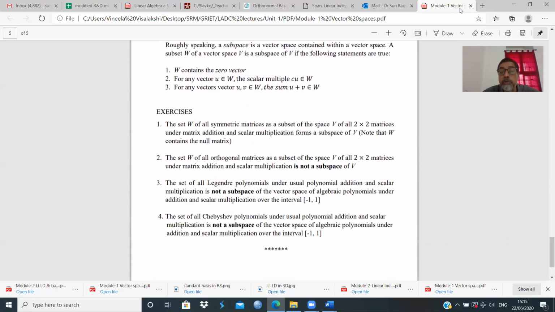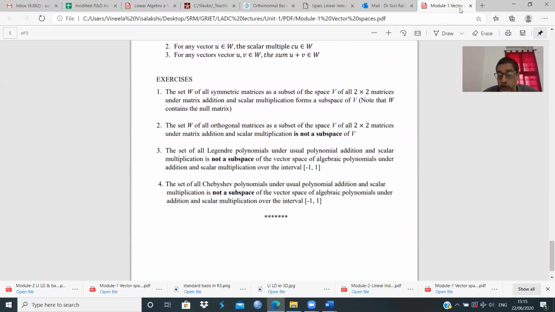The concept of subspace will dominate the next lecture when we talk about linear independence, linear dependence, etc. But here I have just given you 4 small exercises for your practice. And I hope you'll be able to very easily verify why in the first example, W is a subspace, whereas in the other cases, it's not a vector subspace.